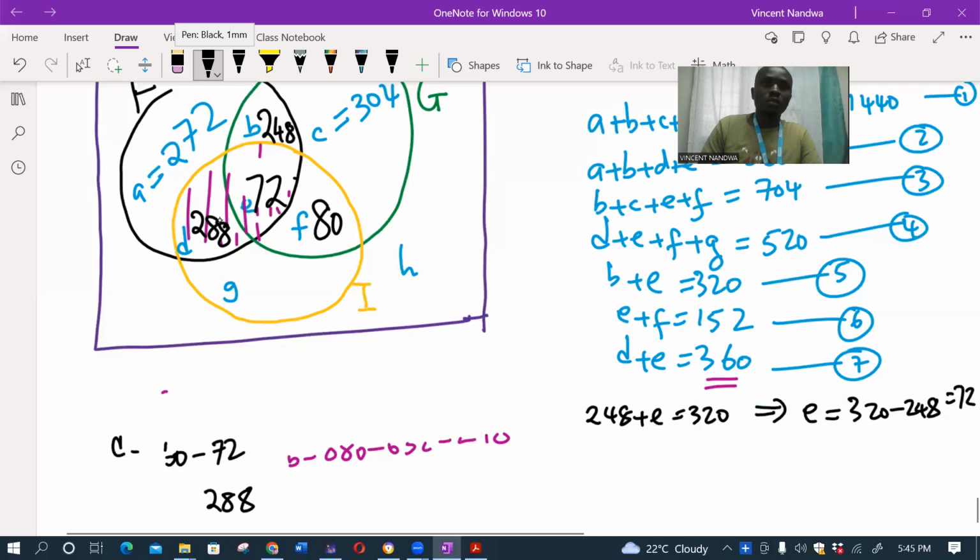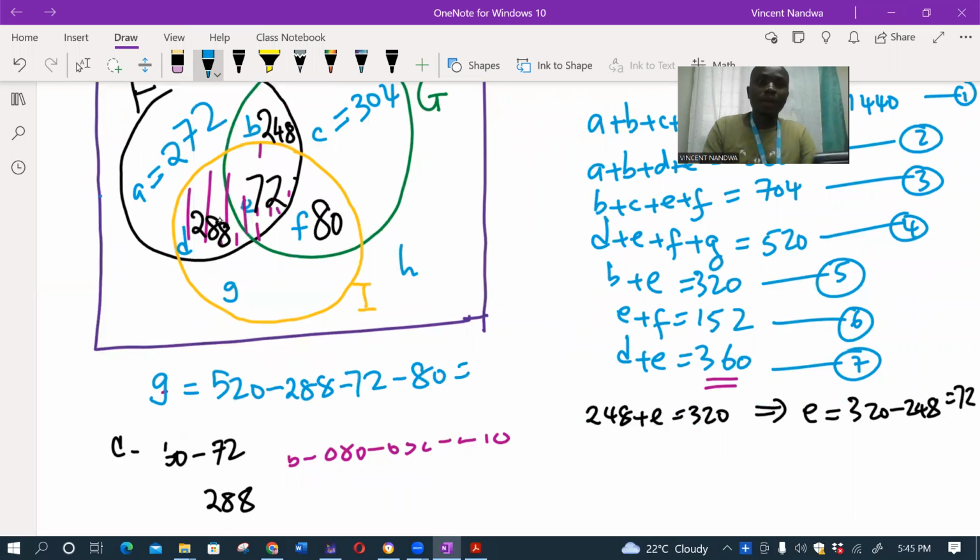Actually, from equation 4, G is 520 minus D, which is 288, minus E, which is 72, minus F, which is 80. So 520 minus 288 minus 72 minus 80 gives us 80.